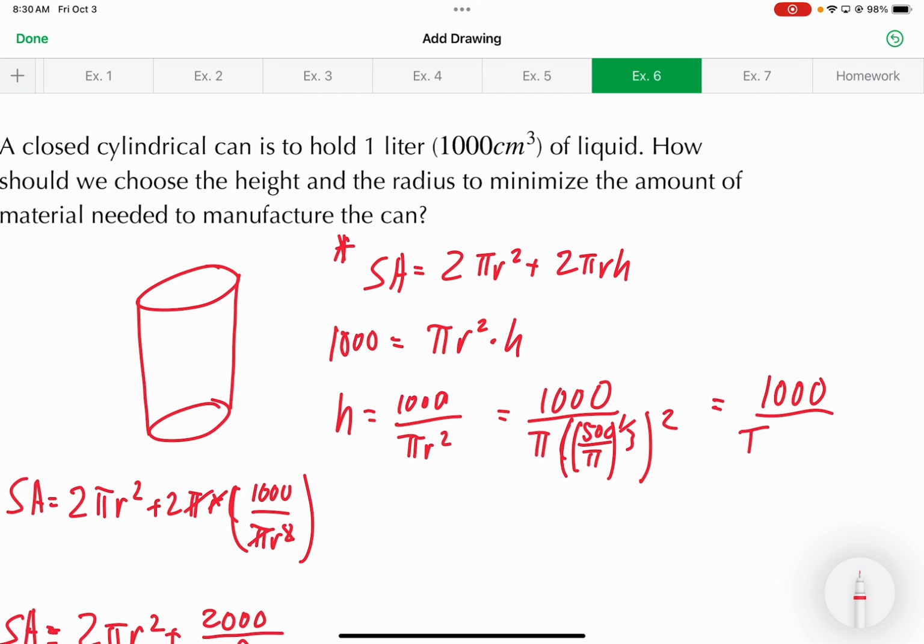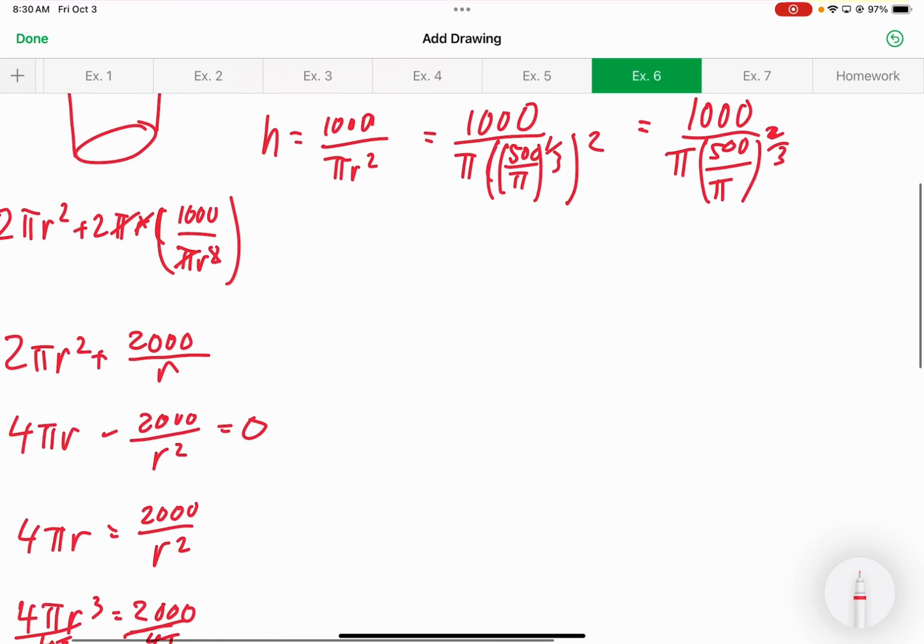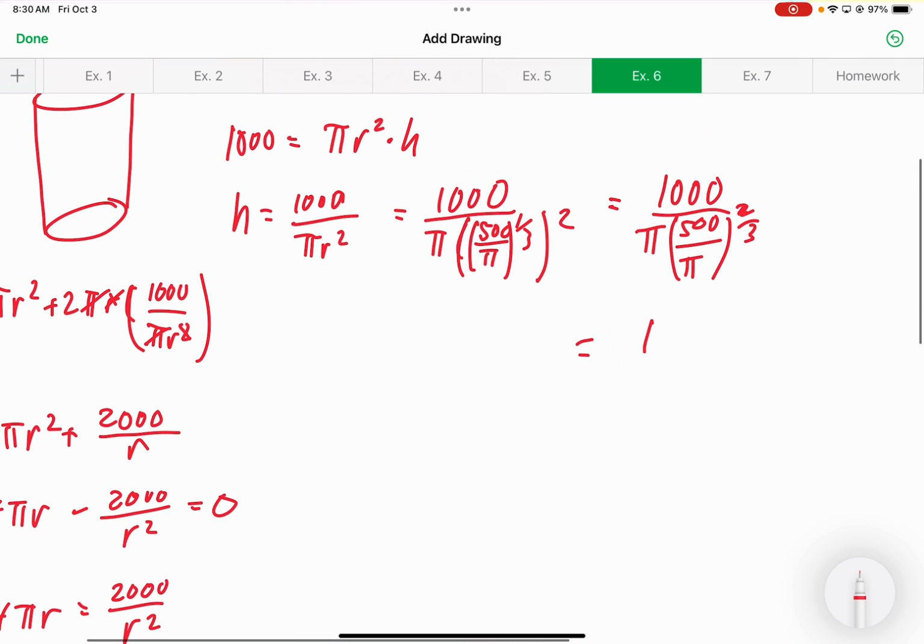So pi, and then 500 over pi to the 2/3. So we can simplify this a little bit. I don't know how far it's really going to get us. But you have a pi being multiplied by pi to the negative 2/3, which is just going to give us a pi to the 1/3, or cube root of pi.